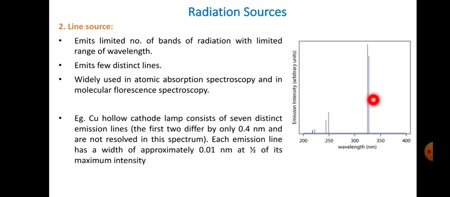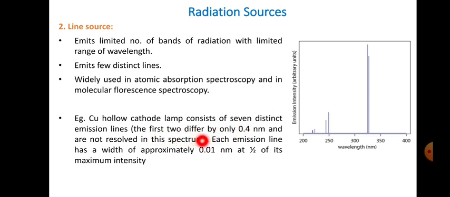Similar to mass spectra, you are observing very distinct lines here, and this is widely used in atomic absorption spectroscopy and molecular fluorescence spectroscopy. For example, in the figure I have represented here, you can see a Cu hollow cathode lamp which consists of 7 distinct emission lines.